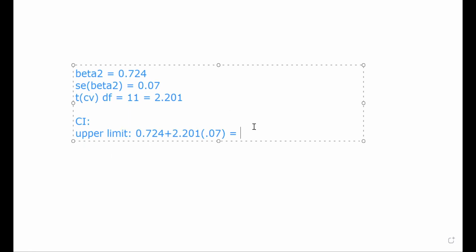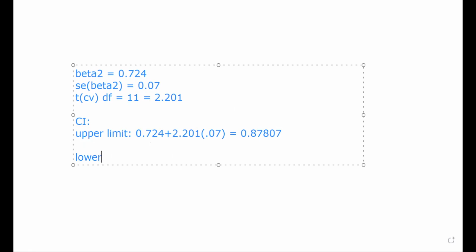Here we get 0.87807. Now we calculate the lower limit. It is equal to 0.724 minus 2.201 times 0.07.